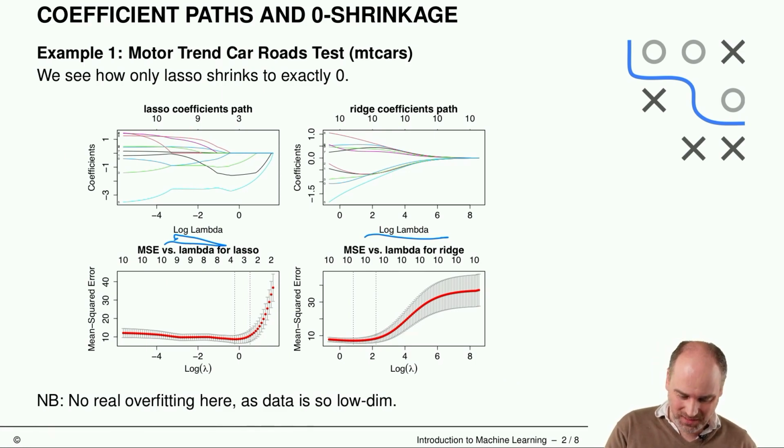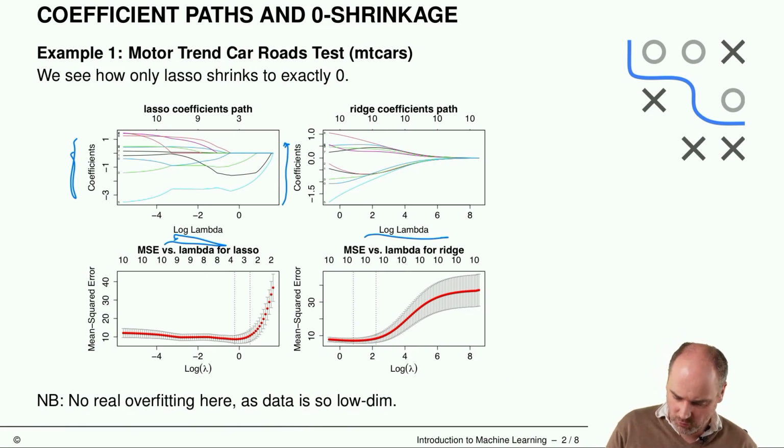Here we have the coefficient values, so each curve represents the coefficient associated with a specific feature as it develops when we change the lambda, when we move from very large values to very small values.